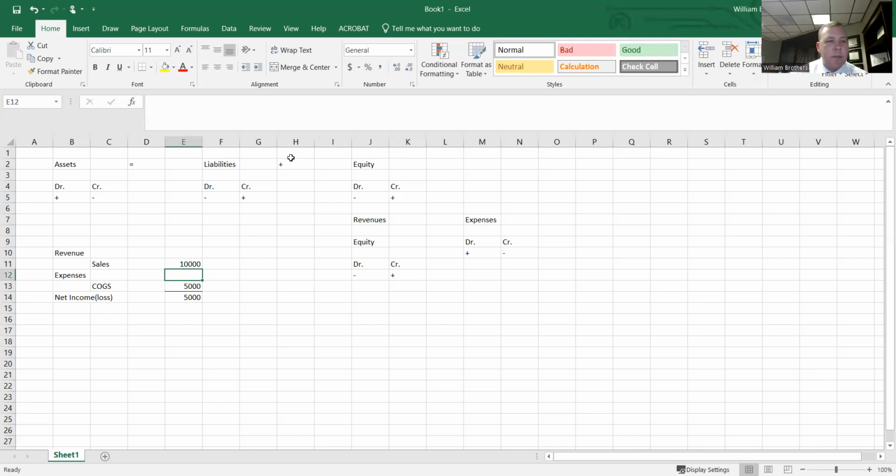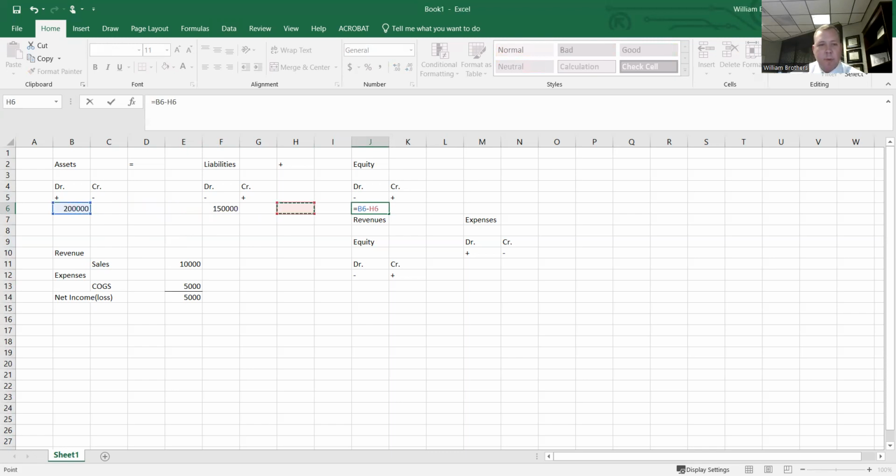So in that instance, if I had total assets of $200,000 and I had total liabilities of $150,000, again, just a very simple example, my equity is going to be, really, the difference between the two of these, right? And so going off that same premise, I'm at 200,000 and 200,000.